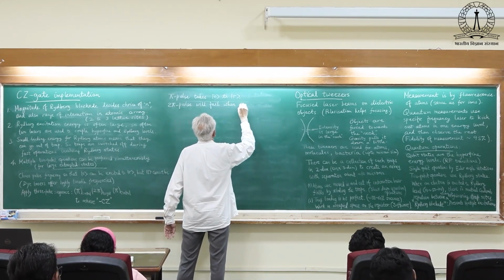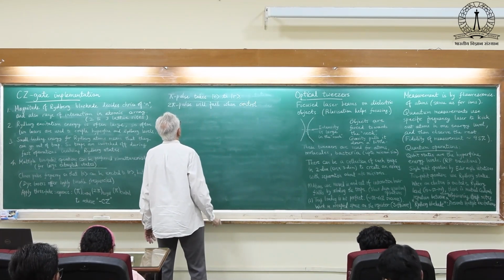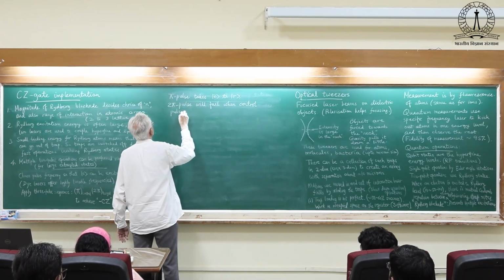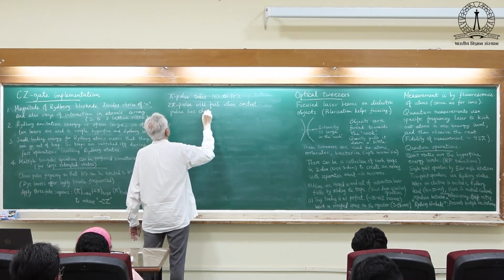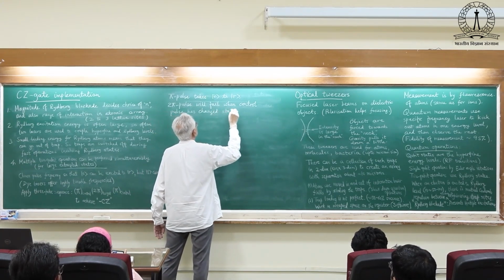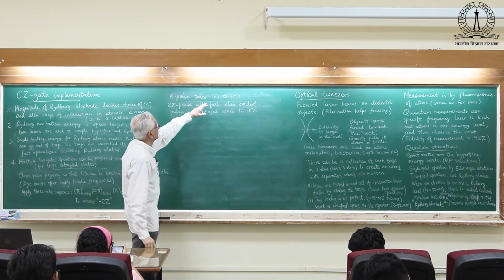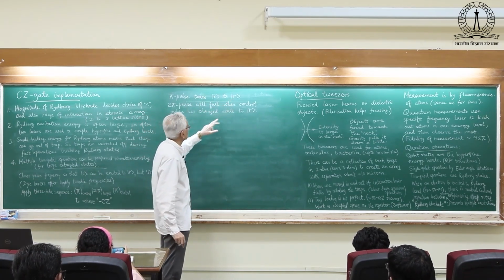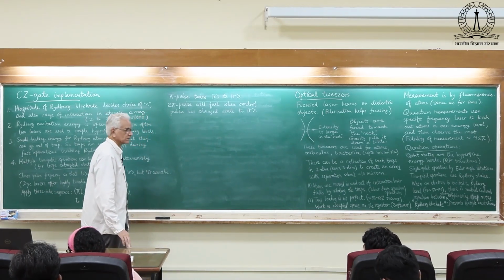And the control pulse has, if the first control pulse succeeded in putting the state to R, then the 2 pi pulse on the second one will fail because of the Rydberg blockade.